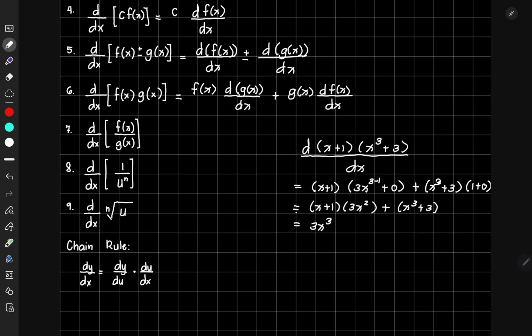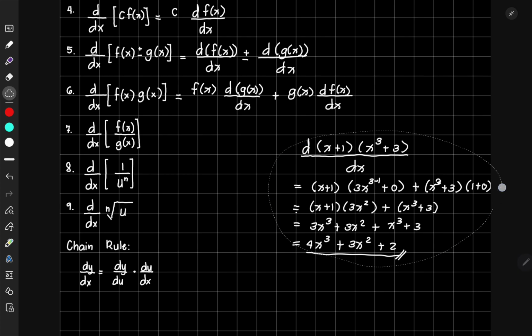So, 1 times 3x squared, that is plus 3x squared plus x cubed plus 3. So, we have x cubed dito plus 3x cubed. So, we have 4x cubed plus 3x squared plus 3. And this would be the answer sa ating given functions na x plus 1 times x cubed plus 3. So, that is the derivative. So, ganyan lang gamitin yung product rule natin.